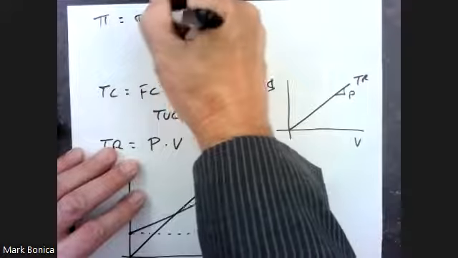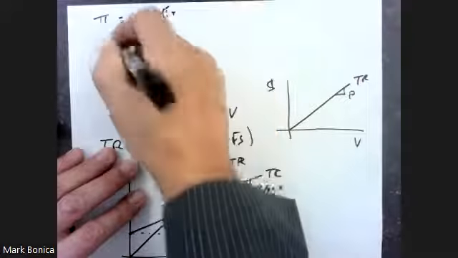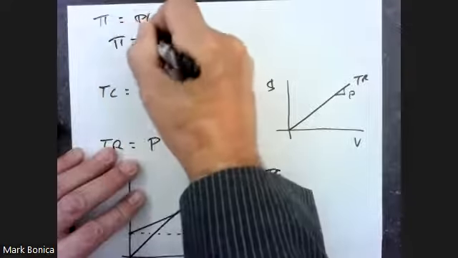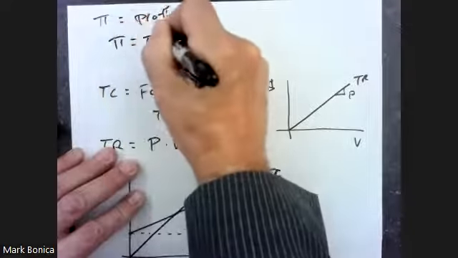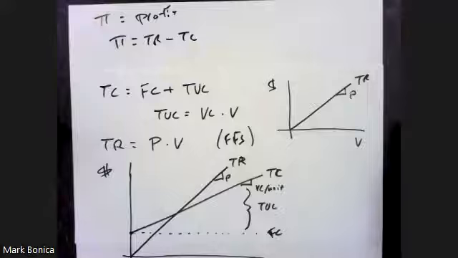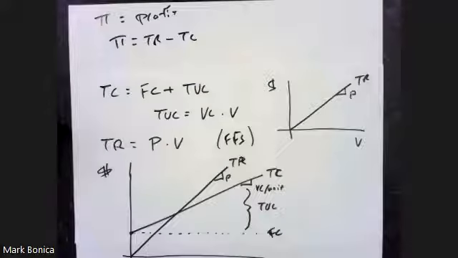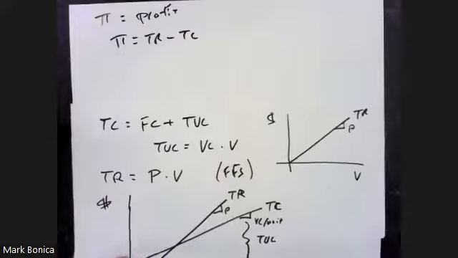So profit equals total revenue minus total cost. We know that from chapter 3, when we did the income statement. We said our operating revenue minus our operating costs gives us our income. Profit is just another word for income, so this is not new.